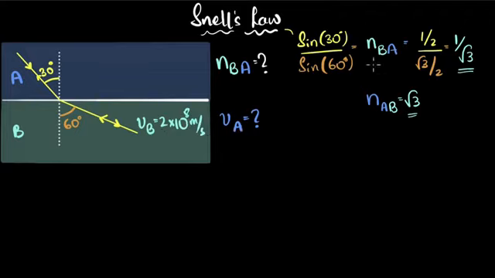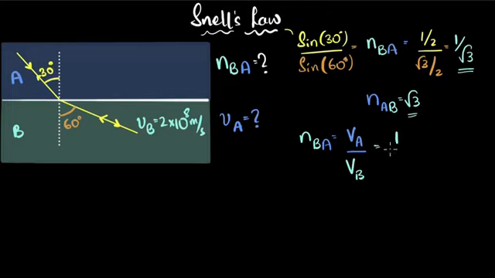Well, now we can use our connection of refractive index with the speed of light. Remember what we saw? The refractive index of medium B with respect to A is the speed of light in A, remember, the reference medium speed comes on top, divided by the speed of light in medium B. Now I have found out what this is, so I'm just going to substitute.